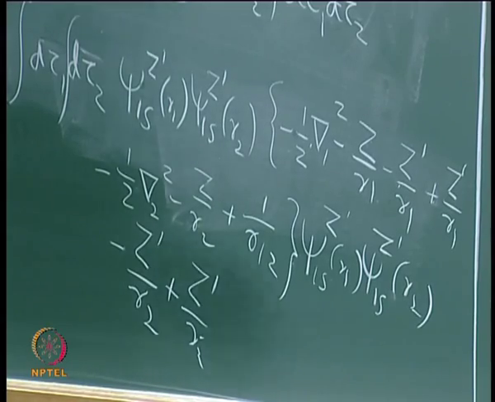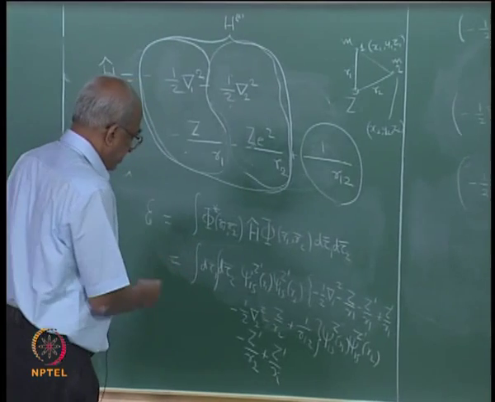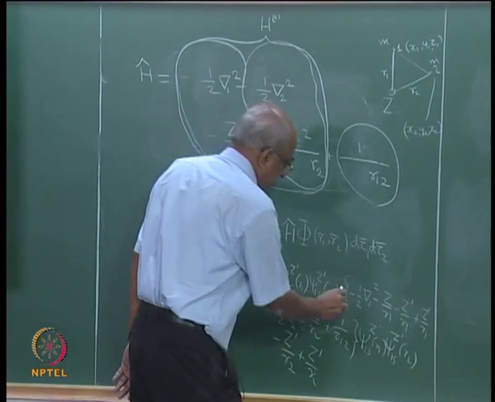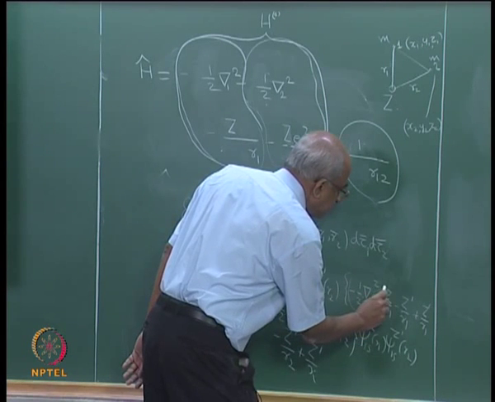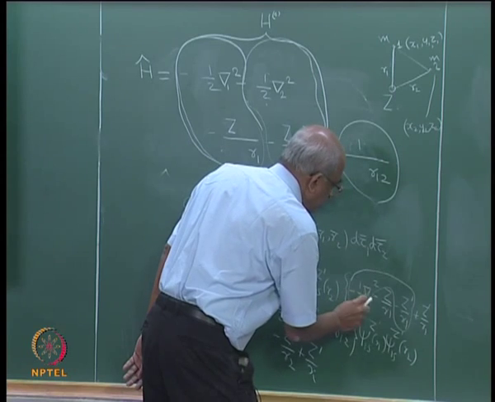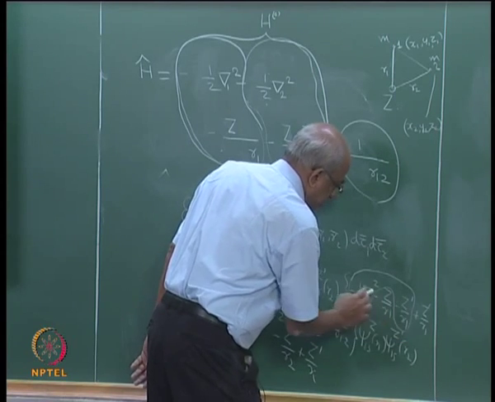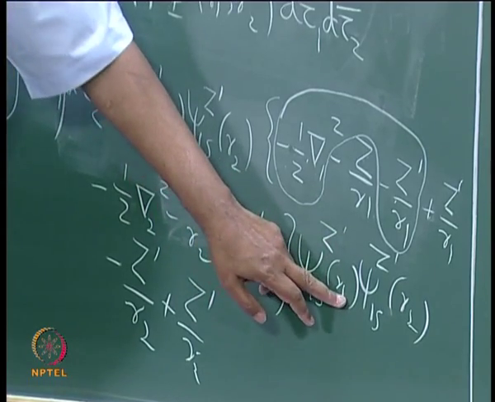Then let us see. In fact, it would have been better if I could write here, but that is not possible. But anyway, what is going to happen is this: you look at this operator operating these two terms together operating upon psi 1s Z prime r1.